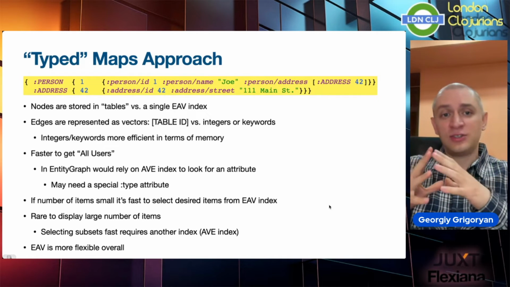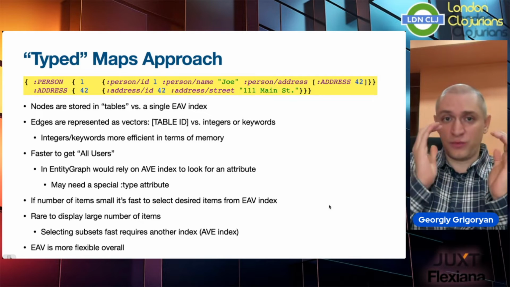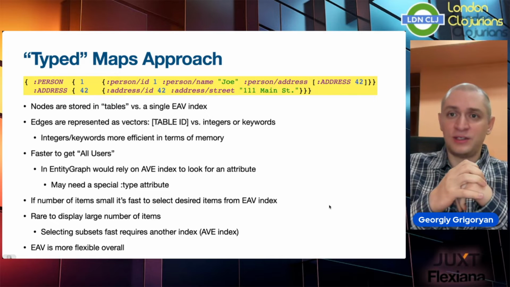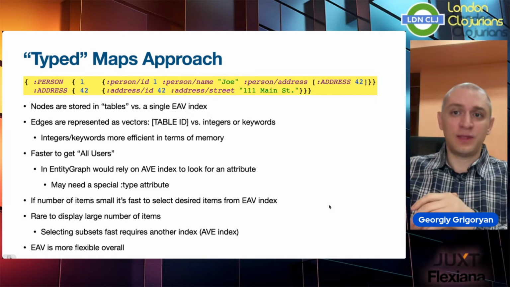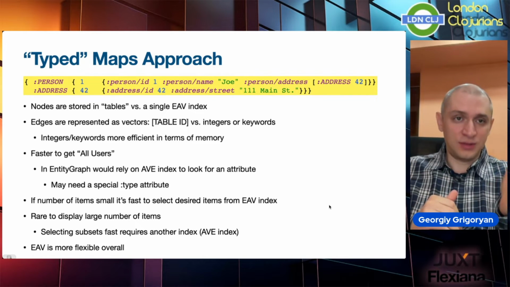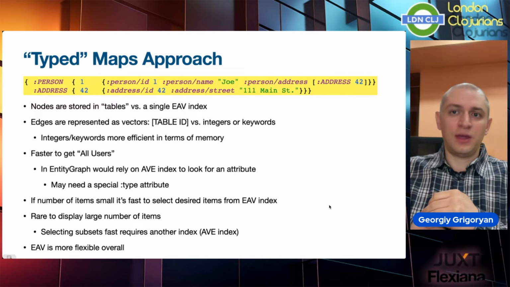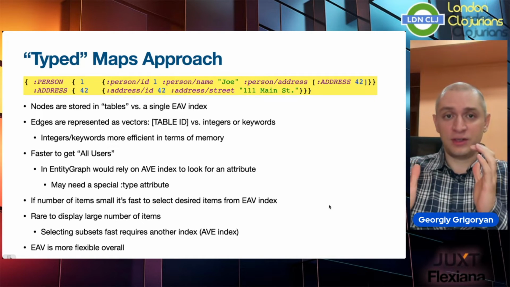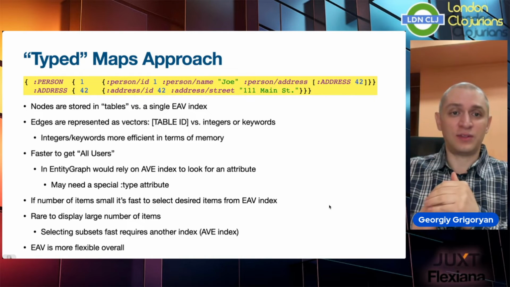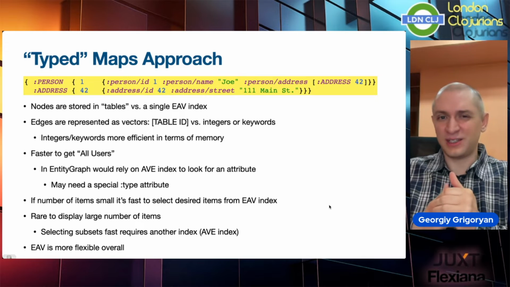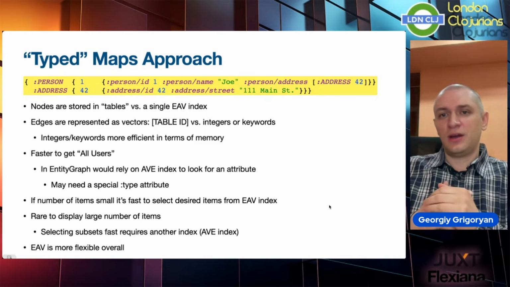And then we have edges represented as vectors of table and ID. So you can see their person address 42. That's referring to another table right below it and a particular entry in that table. And so just one small thing to note here is that we're allocating a vector for each reference here versus in EntityGraph, it's either an integer or a keyword, which is more efficient, but maybe it's not such a big deal.